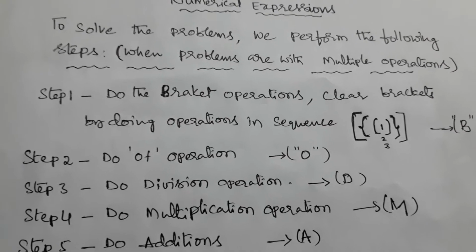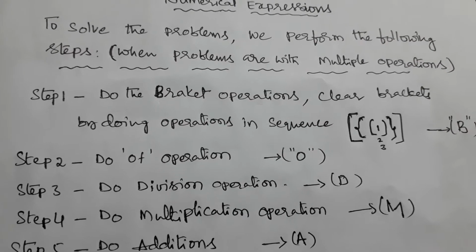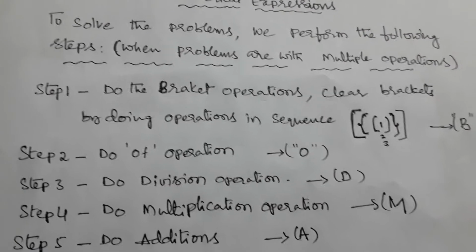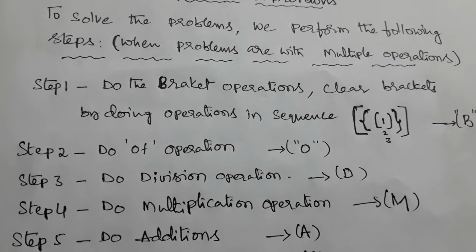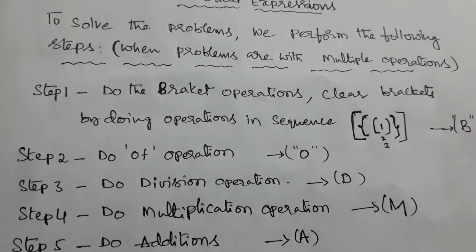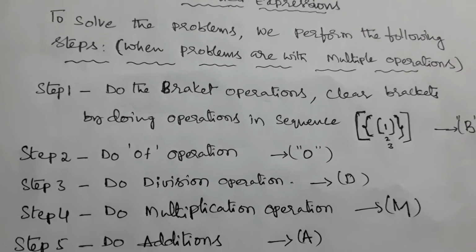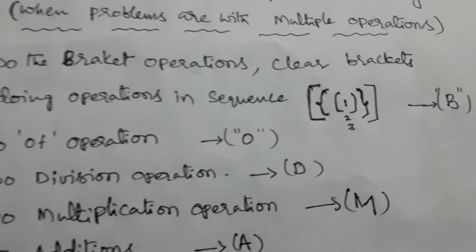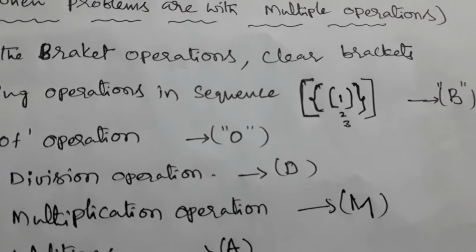Step 1. Which operation do you have to do? Brackets. You have to solve the brackets and clear the brackets. Whenever you solve a bracket, that bracket will be cleared. So what is the order of solving brackets?